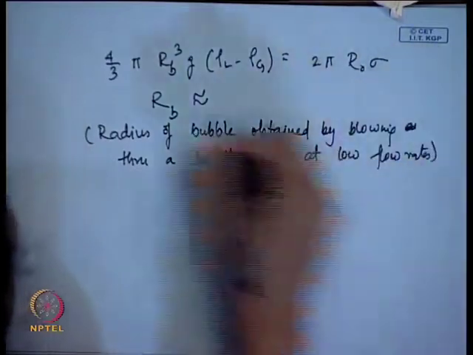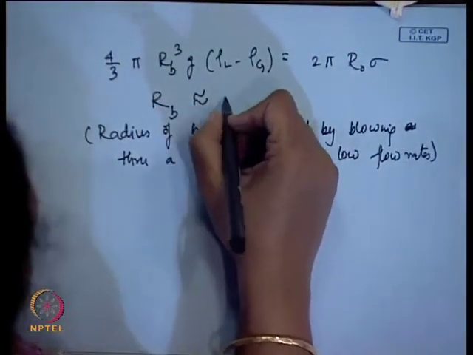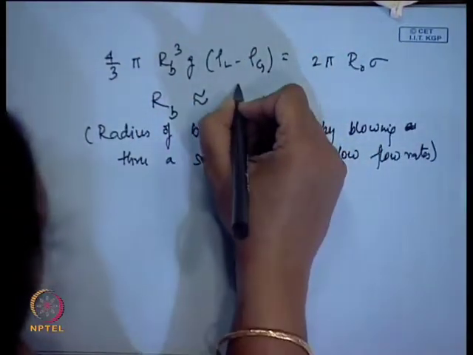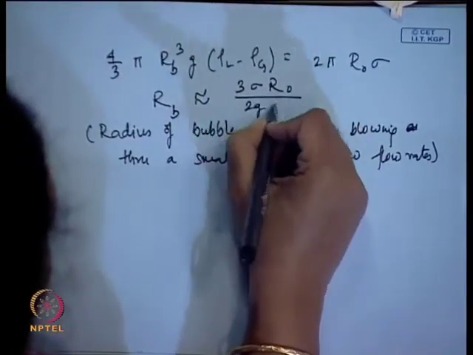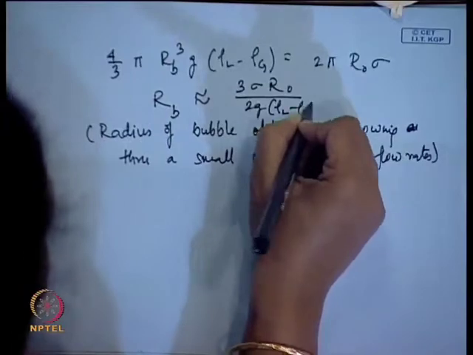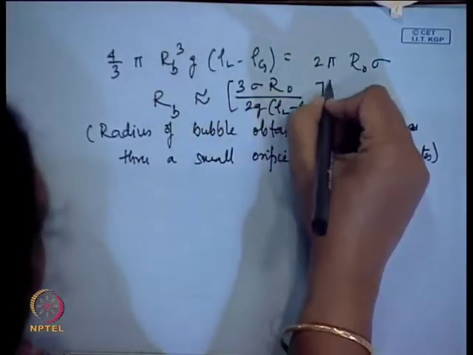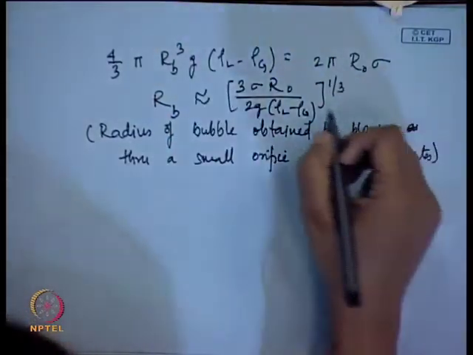If you work it out from this force balance, you find this will be more or less equal to (3 sigma r 0 by 2 g into rho l minus rho g) whole to the power 1/3. It simply comes from this particular equation.